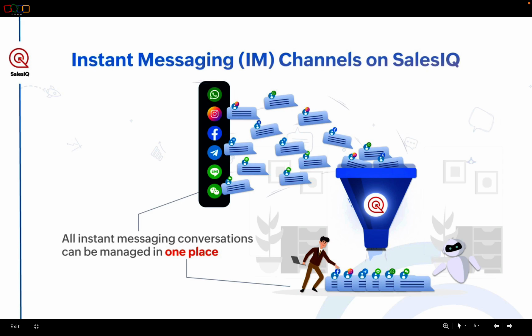If your business has social presence on all of these platforms, you can integrate all of these channels, and all of your business communications on these platforms can be unified and brought into a single dashboard where you can assist your customers effectively. Instead of going to the platform where your customer or prospect is messaging from, you can just reply to the message on SalesIQ and handle all of these communications under one hood.